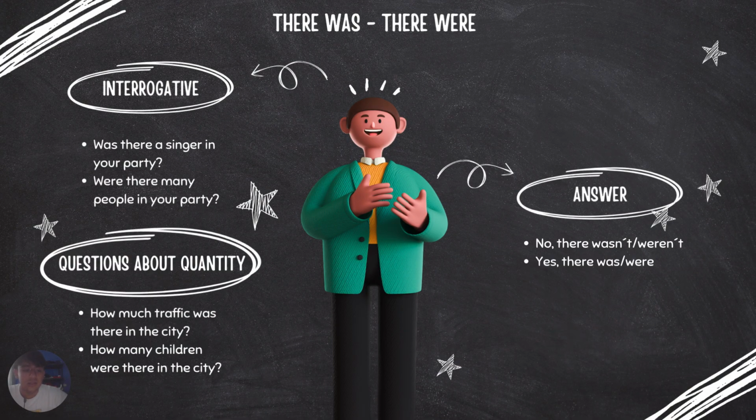In the interrogative, we use there was and there were at the beginning. For example, was there a singer at your party, or were there many people at your party?